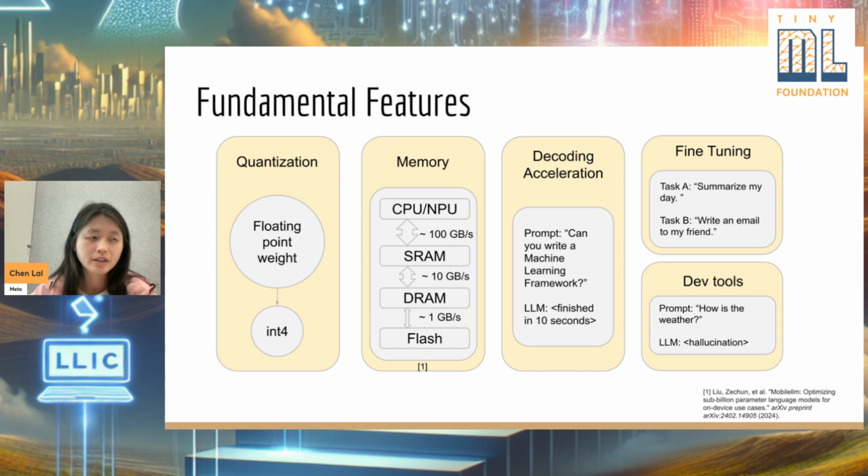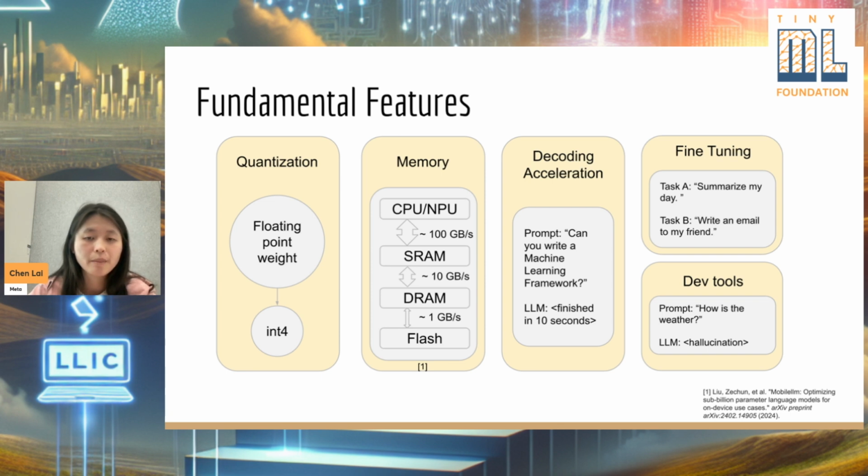This is a closer look at the fundamental features needed to enable LLMs on Edge. Quantization: LLM, large language model, means the weight is large. So the first optimization we always do is quantization to compress the model size. Secondly, we need to optimize the memory.